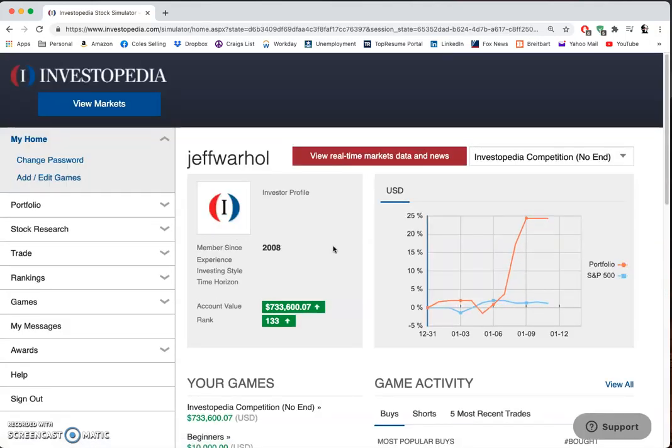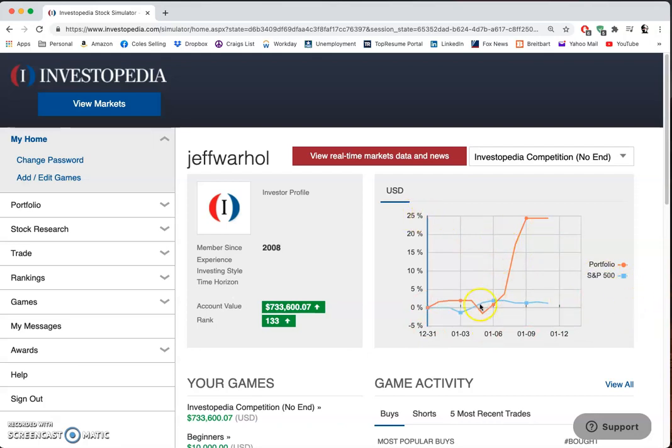And what you're looking at here is the S&P 500 versus the portfolio that I have. I've had a pretty good run of luck the last couple weeks or so. The orange means that I've outperformed the S&P 500 by quite a bit.